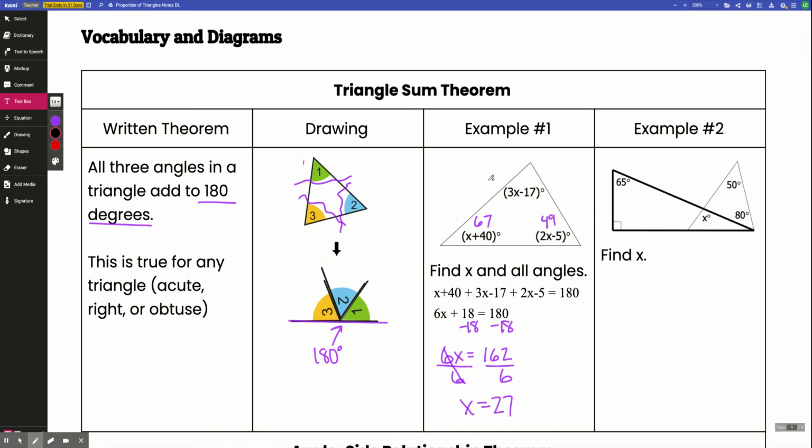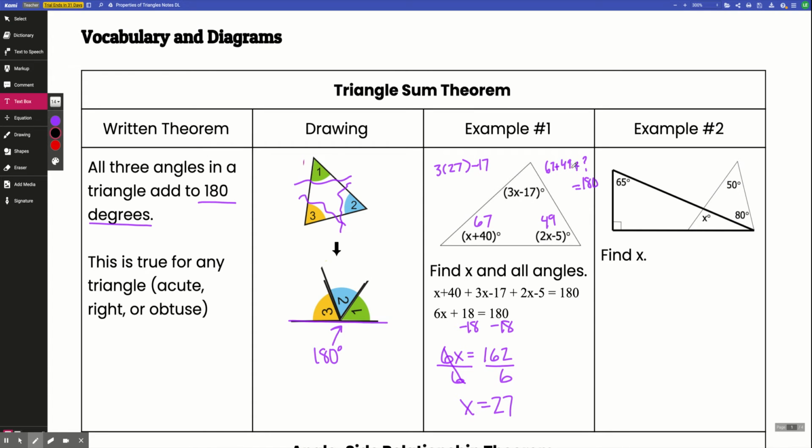And then for my last angle, I could either plug 27 in, 3 times 27 minus 17, or I could say, well, 67 plus 49 plus my missing angle has to equal 180. So I'm going to do it that way just because it's a little bit less multiplying for me to do.